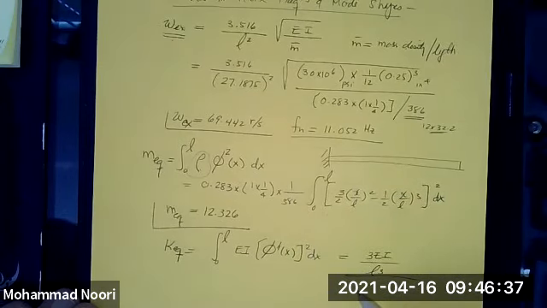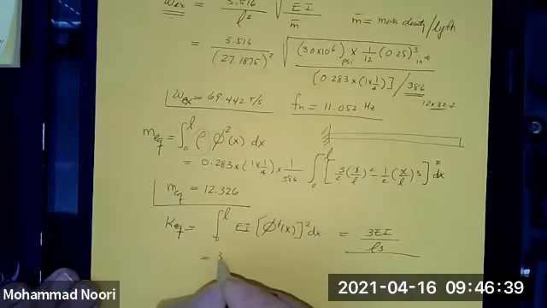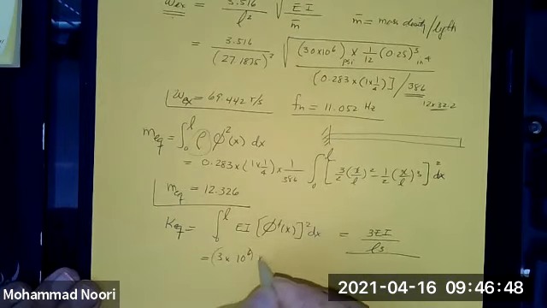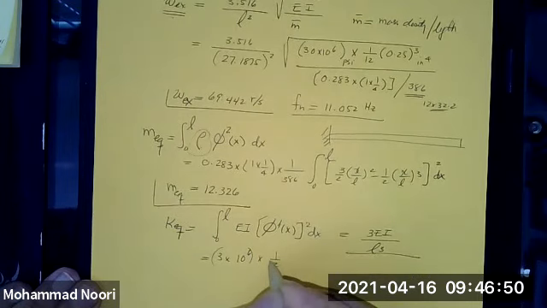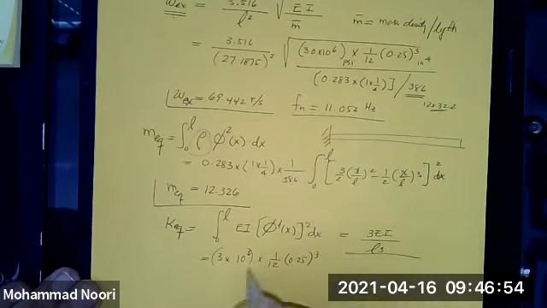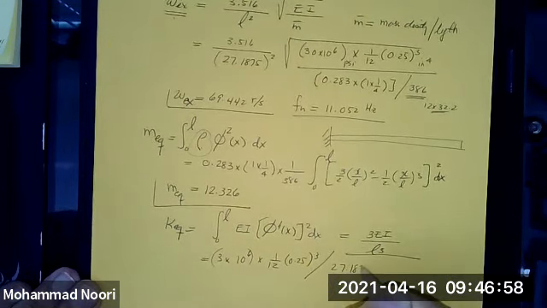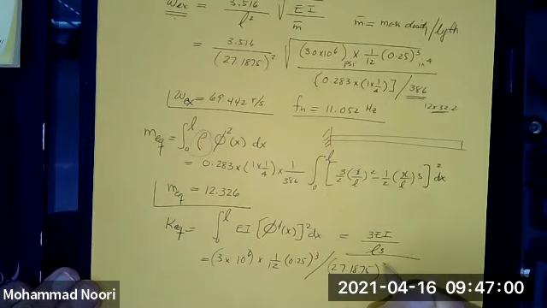So this would be 3 times 10 to the 6, times I, which is 1/12 times 0.25 cubed, divided by L, which is 27.1875 cubed.